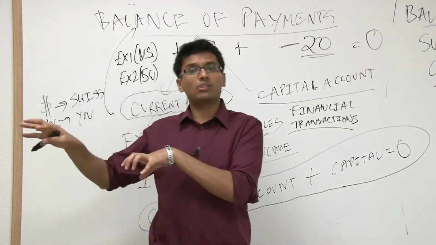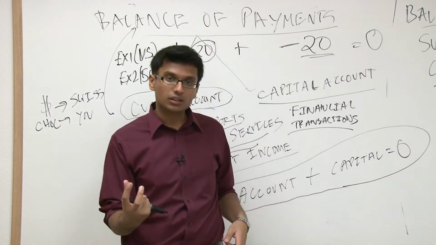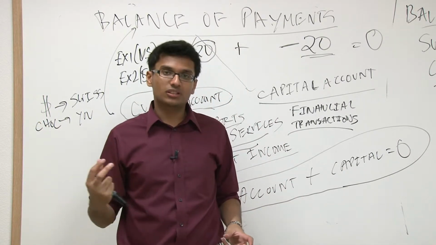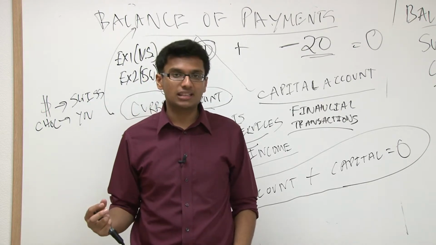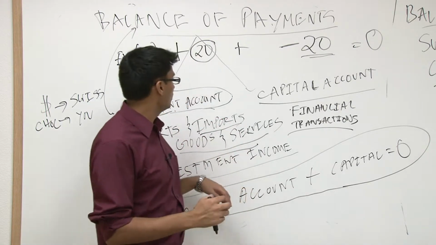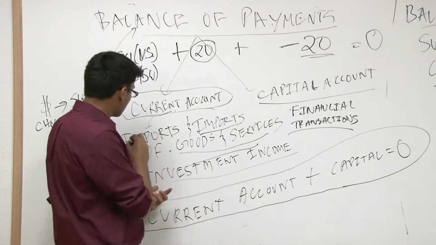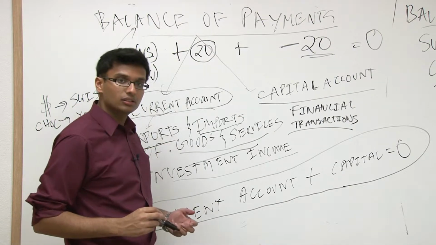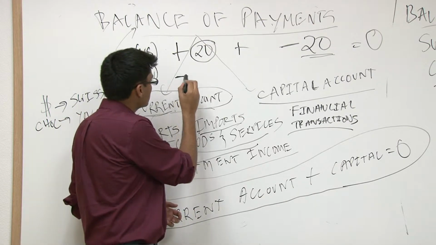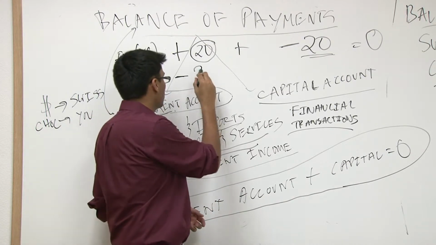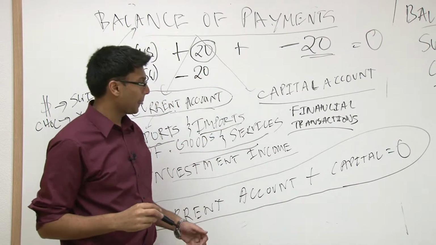So he ships this product. So the product of Swiss chocolate leaves from Switzerland and goes into the United States. Okay? So from a current account perspective, we're talking about an export of a good, right? So it's actually a minus because they've lost a product worth about $20.